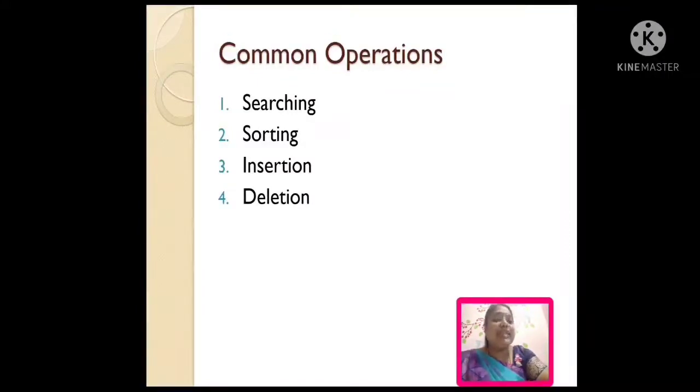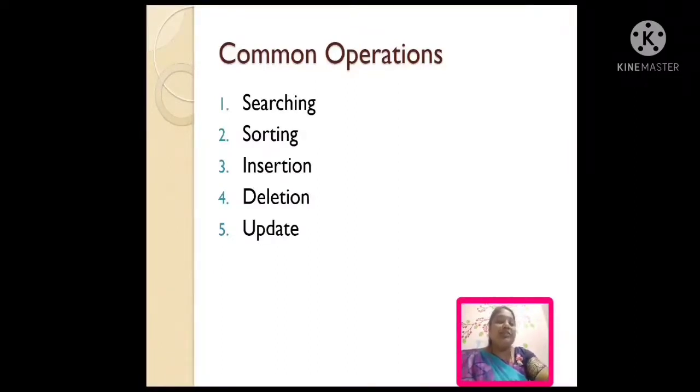If we want to delete any data, we use the delete operation to delete data from an abstract data type. The last one is update. Update is nothing but modifying data after storing it. That is called updation. These are the common operations involved in abstract data types.